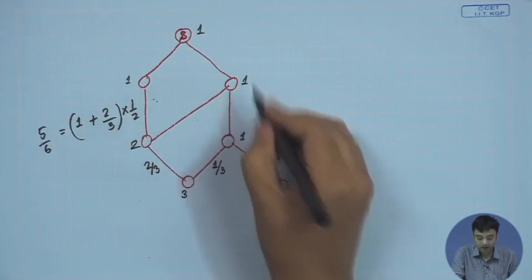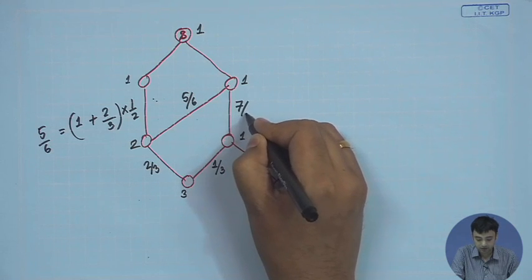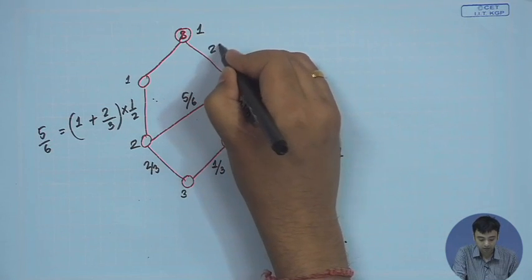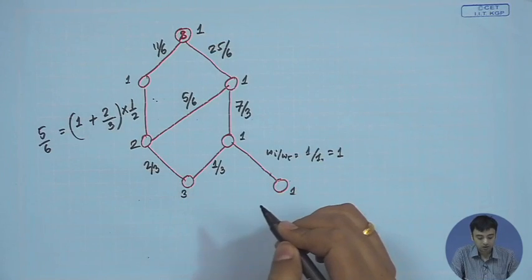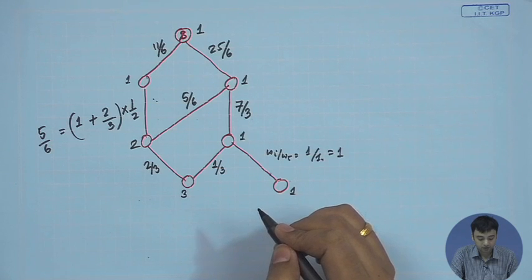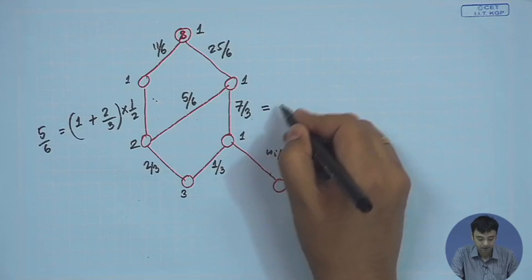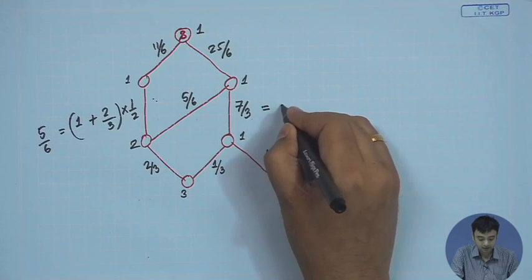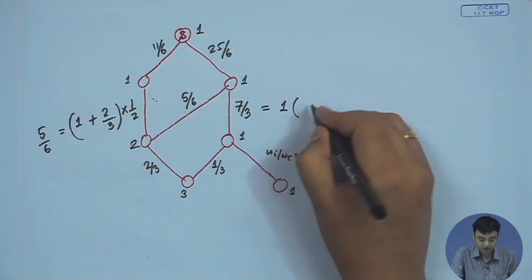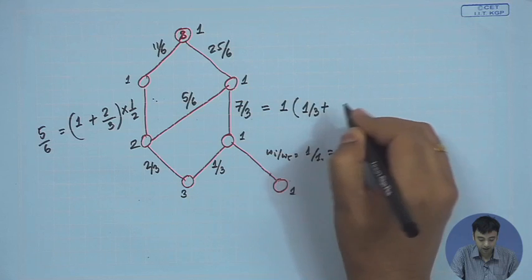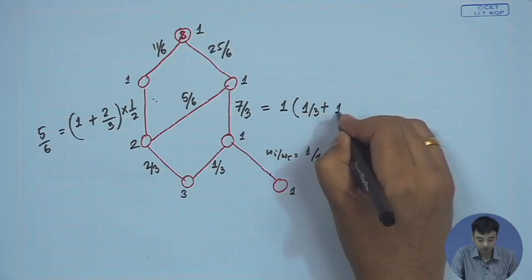In this way, you can calculate the contributions of each of the edges just by following the second part of the algorithm, and you can verify that we get a contribution for each edge as we have written here. It is a very simple step. Take this 7 by 3 again. This is equal to 1 plus what is coming from the bottom: 1 by 3 from this edge, plus 1 coming from here.